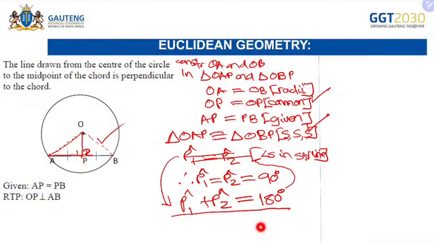For P1 plus P2 equal to 180 degrees angles in a straight line, you get a mark. And then P1 is equal to P2, giving us the 90 degrees. Again here, our reason, we have congruent triangles. For statement and reason, we get our 4th mark. We move on to the next one.